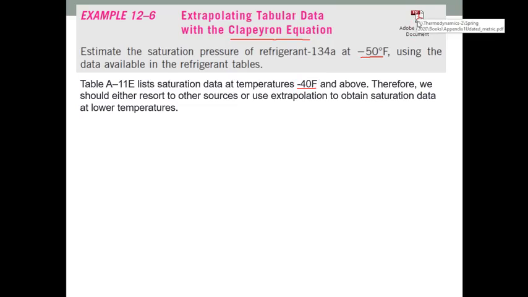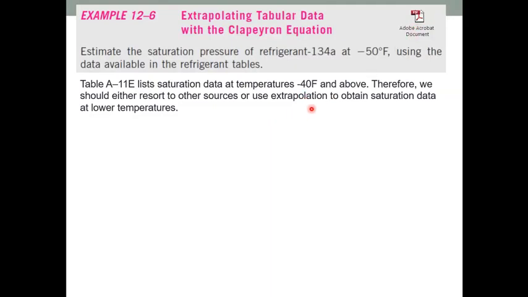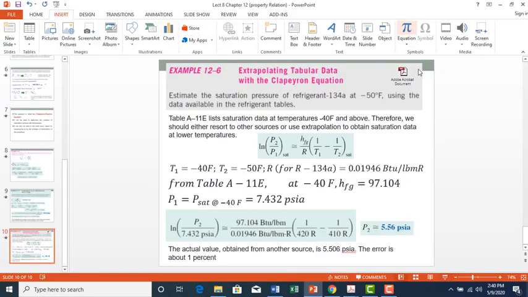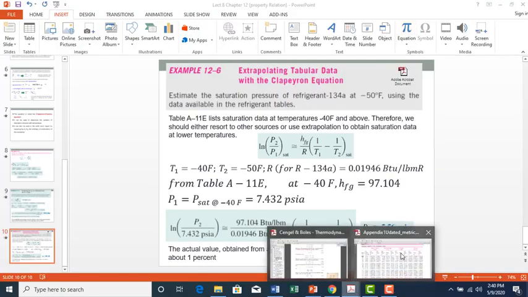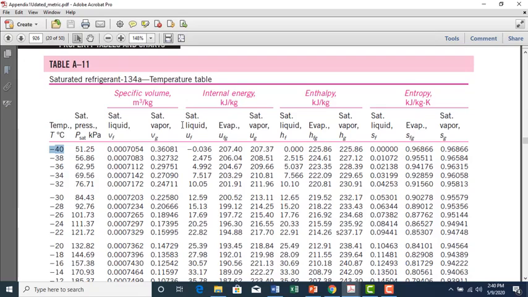If you look at the property data available, you will see that the minimum data available is this; this table is for SI units. I mean a similar table is available for British units.